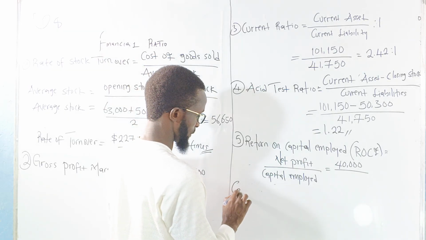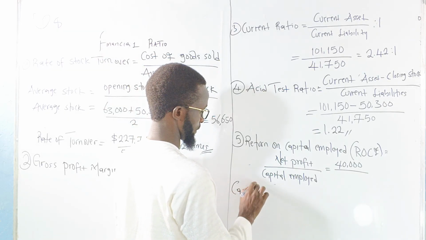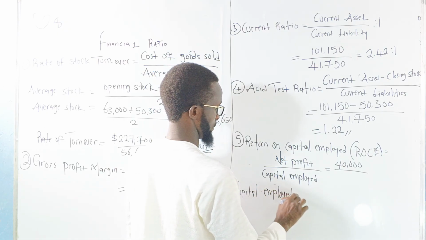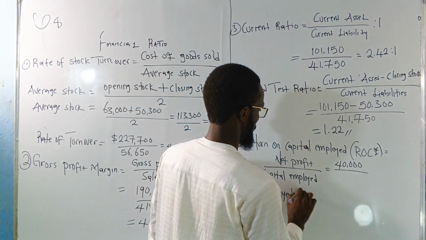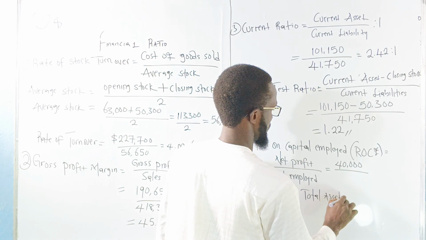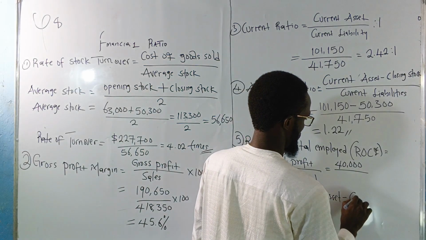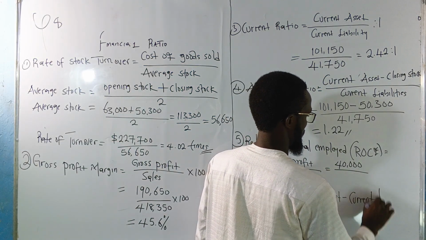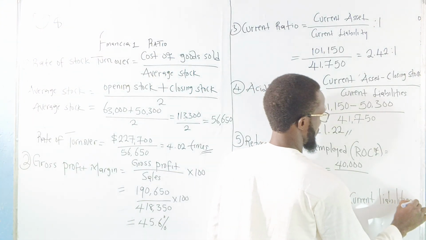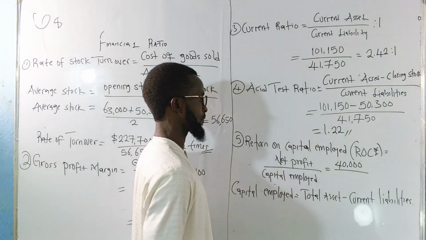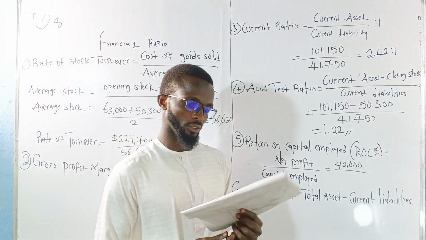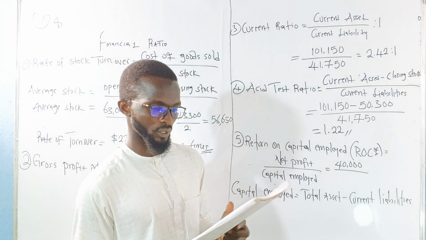Let me put the formula for capital employed here: capital employed is equal to total assets minus current liabilities. So what is our total assets? Check the right hand side of your balance sheet. Our total assets is 170,850.